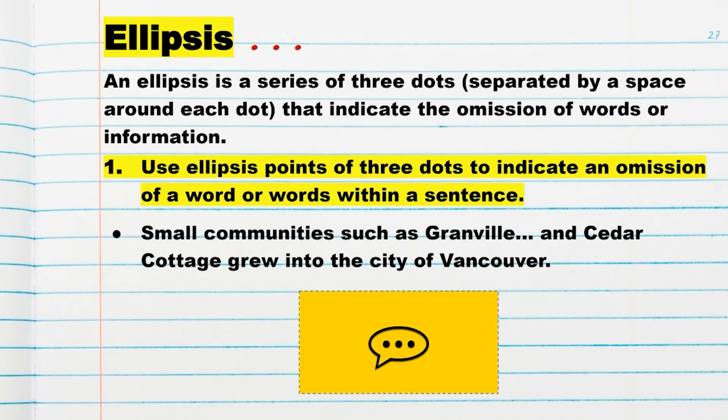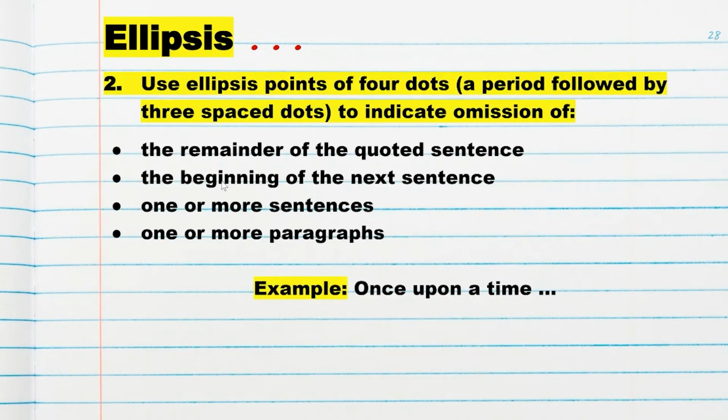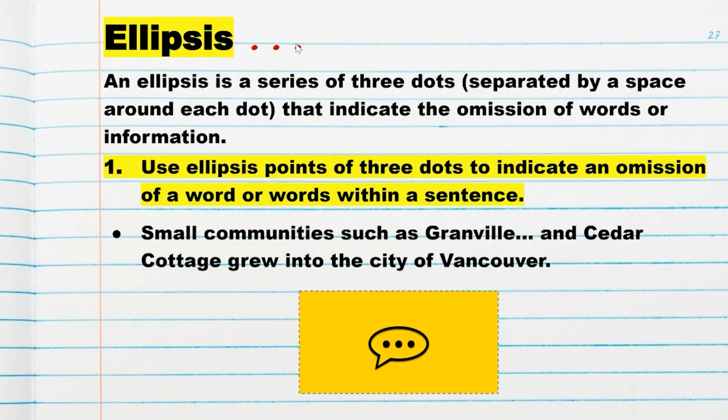And here, ellipses. Ellipses is this one. It looks like a question mark, but not a question mark. Can we read it? Ellipses is a series of 3 dots.